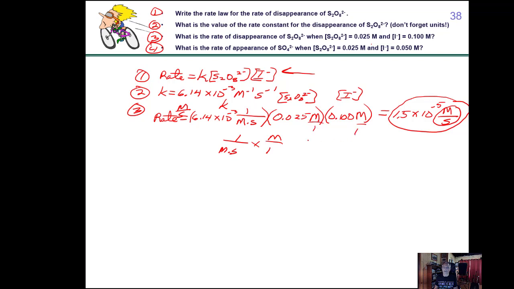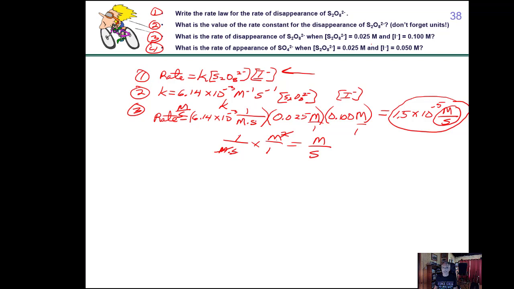Since it's molarity over 1 times molarity over 1, it's going to be molarity over 1 squared. And so one of these will go away. What that leaves me with is molarity times 1 divided by seconds times 1, or molarity over seconds. So the rate constant units depend on the overall order of the reaction.